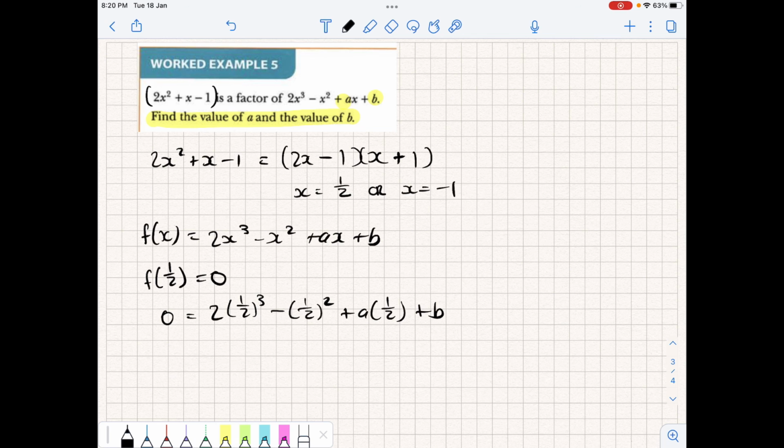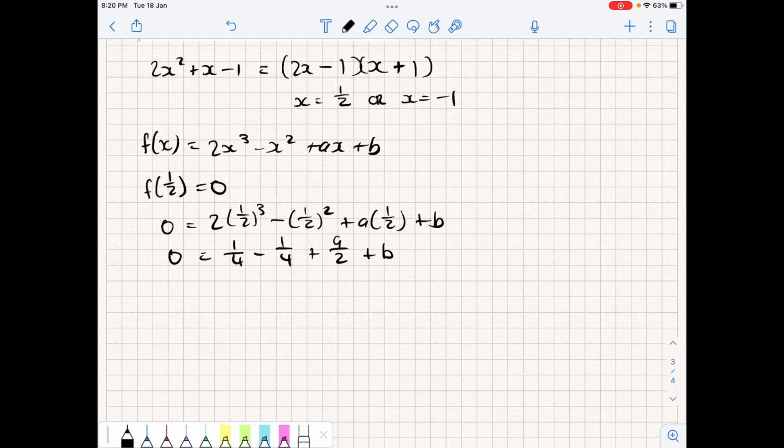And from here we can just simplify things out. This is going to give us 0 is equal to 1/4 minus 1/4 plus a over 2 plus b, and we can simplify that further into a is equal to minus 2b.